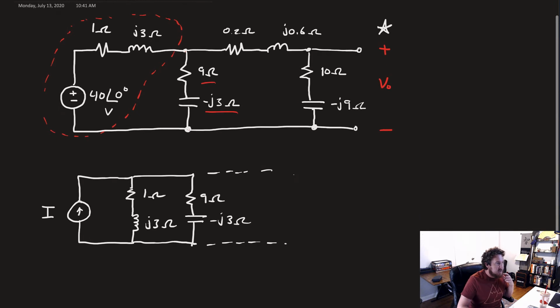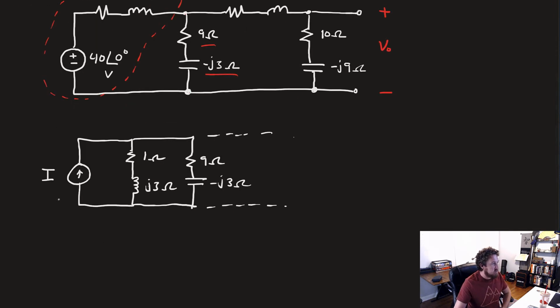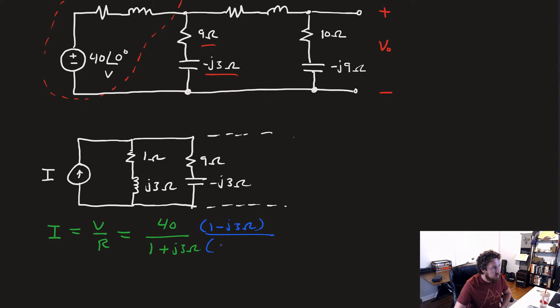The next thing we need to do is calculate what our I is. To do that, we just rely on Ohm's law. So I is equal to V over R. So it's going to be equal to 40 over R, which was 1 plus j3 ohms. So we've got to use the complex conjugate like we've done in the past: 1 minus j3 over 1 minus j3.